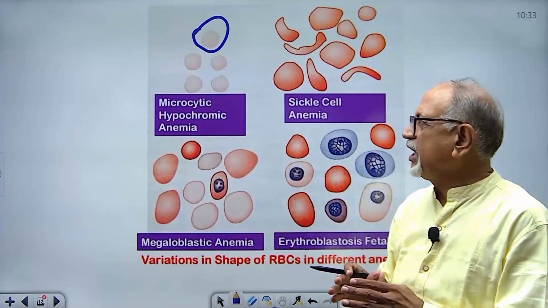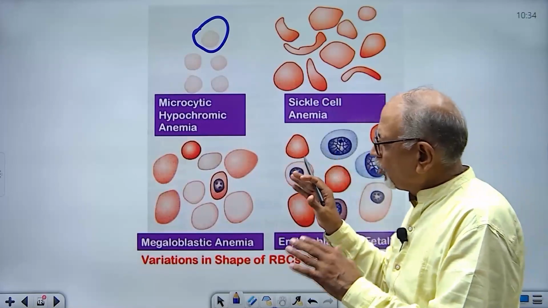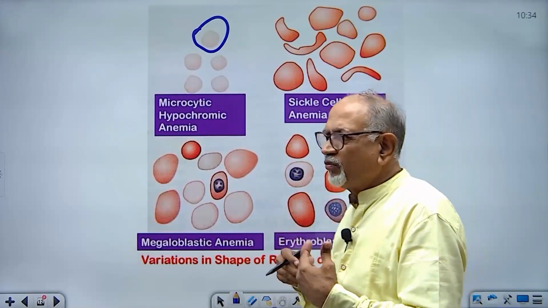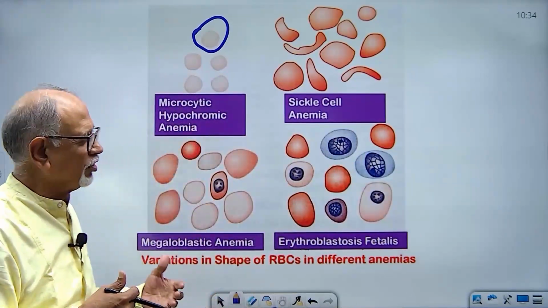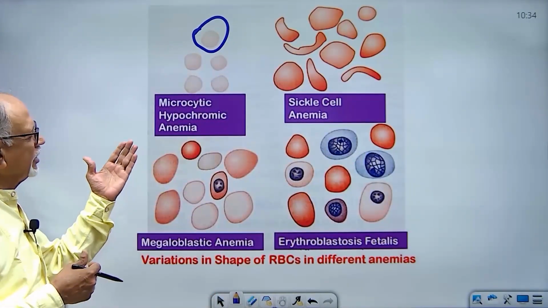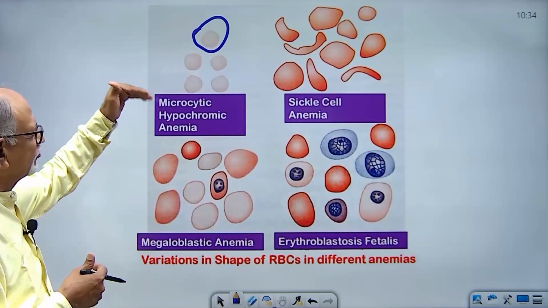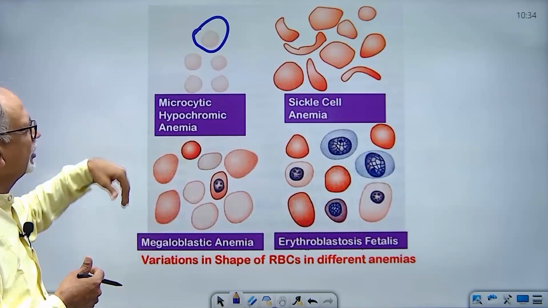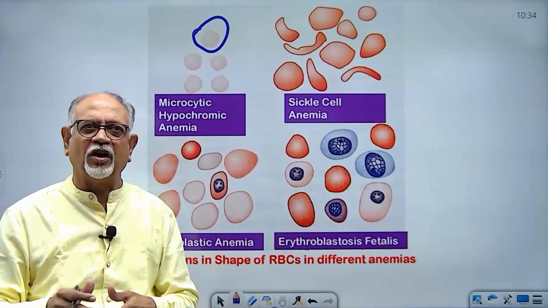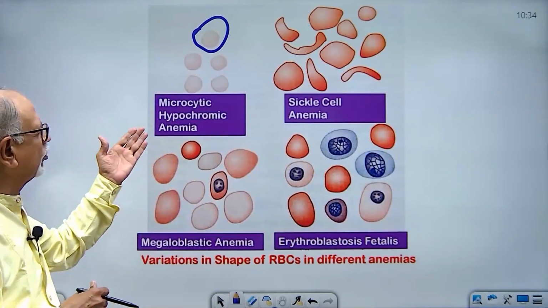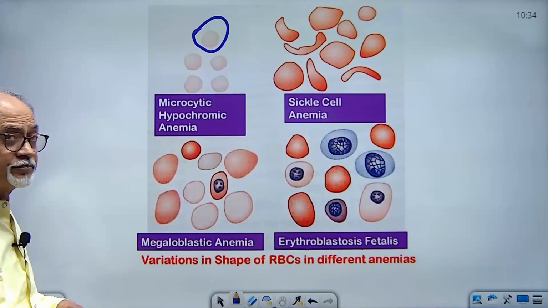So in that case, it is not able to provide sufficient oxygen to the tissue, and therefore it is called anemia. And as the cells are smaller, it is called microcytic anemia. And as these cells contain less amount of hemoglobin, it is called hypochromic anemia.